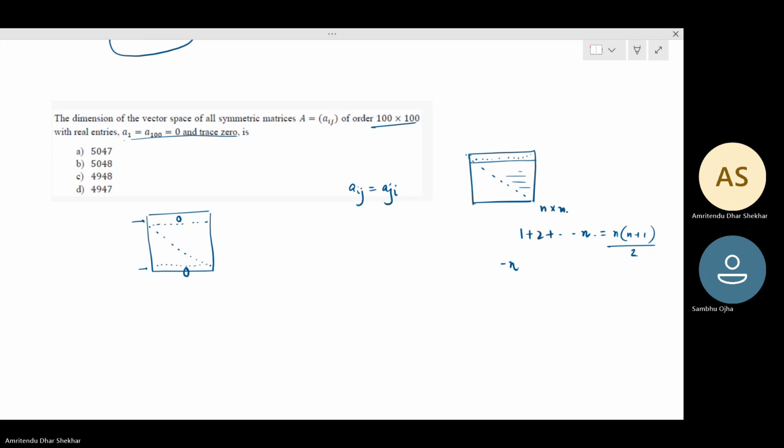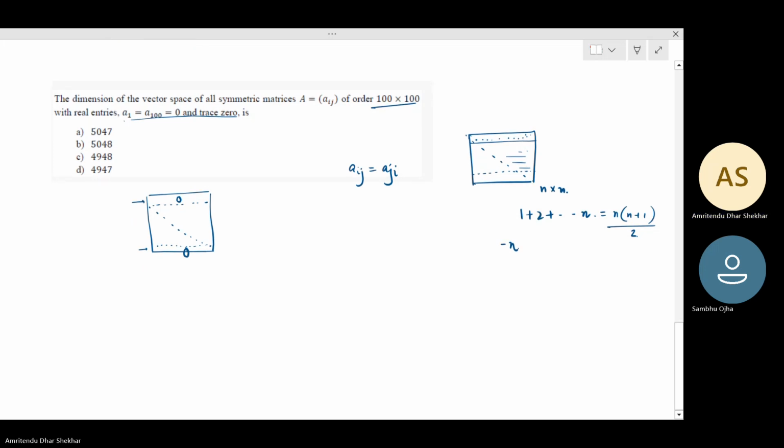But we are also given another condition, which is that the last row is also equal to 0. If the last row is equal to 0, this means that the last column is also equal to 0. So let me write it down: row 100 is equal to 0 implies that column 100 should also be equal to 0 because it's a symmetric matrix.